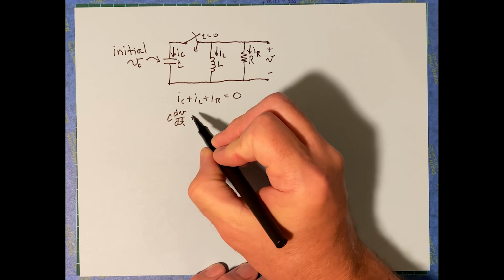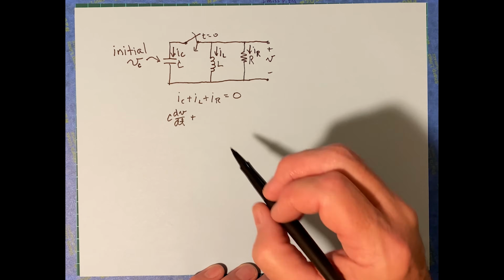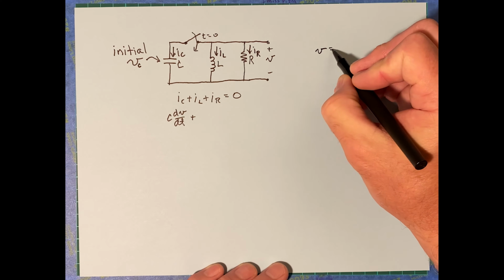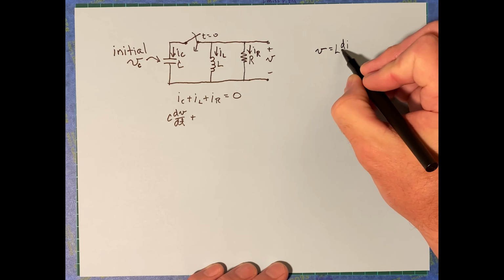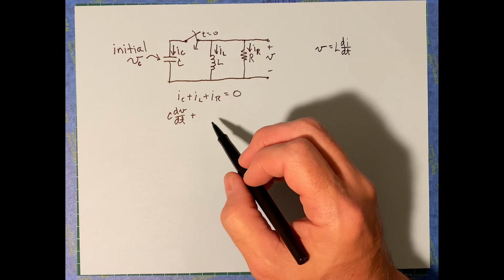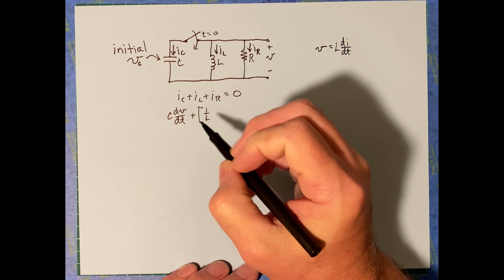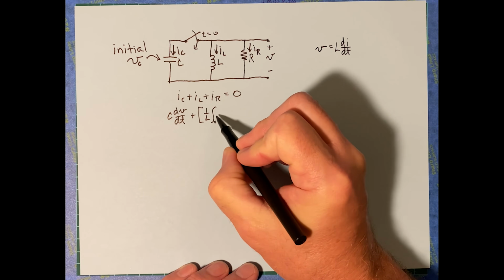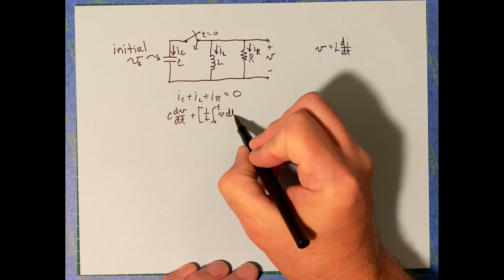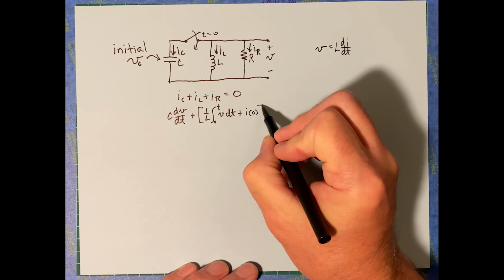Plus, now the relationship between V and I for an inductor, you know that one, that is V equals L di/dt, but we need to write this in terms of I, so we need to solve for I out of that. And you've seen this before. 1 over L, integral from 0 to sometime t later of V dt plus I at 0.